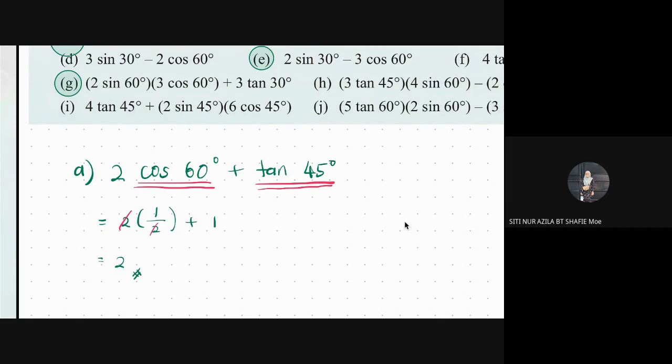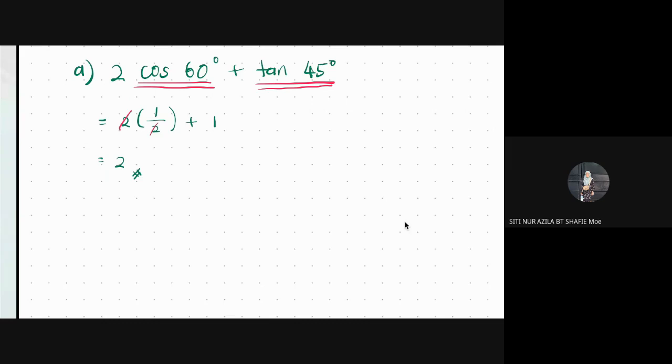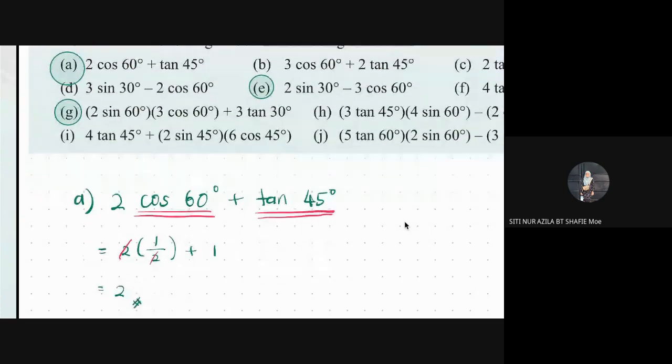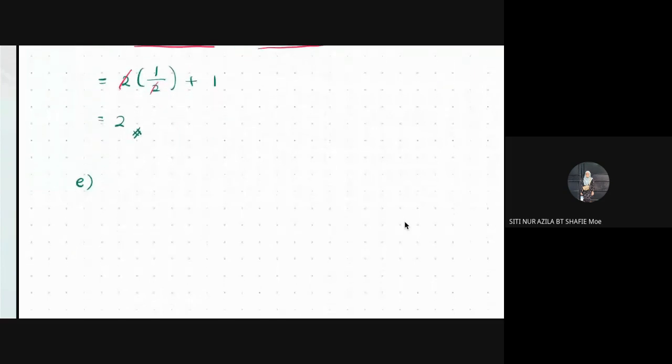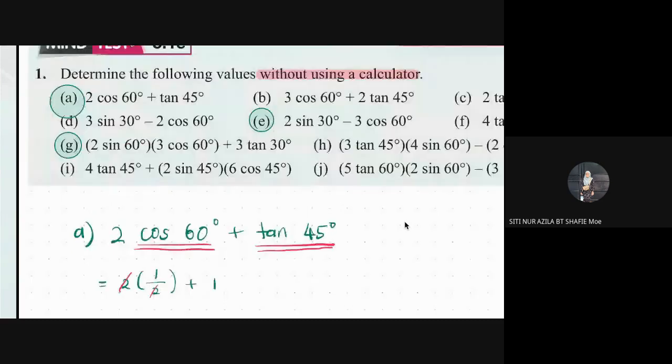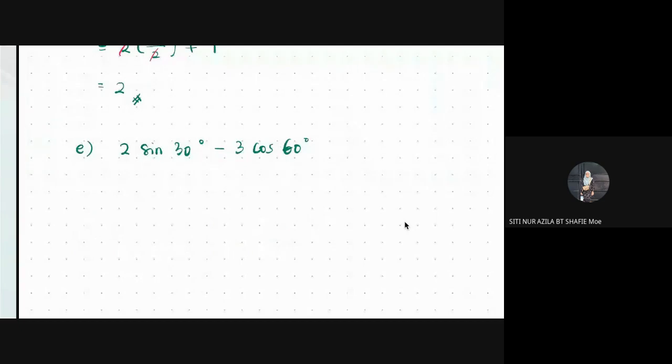Okay, continue with E. So now 2 sin 30 minus 3 cos 60. Same as before. You are going to look for the value of sin 30 and cos 60 degrees and substitute into its place.